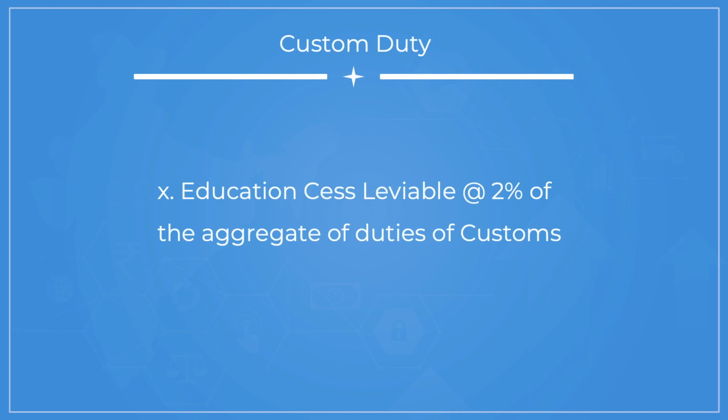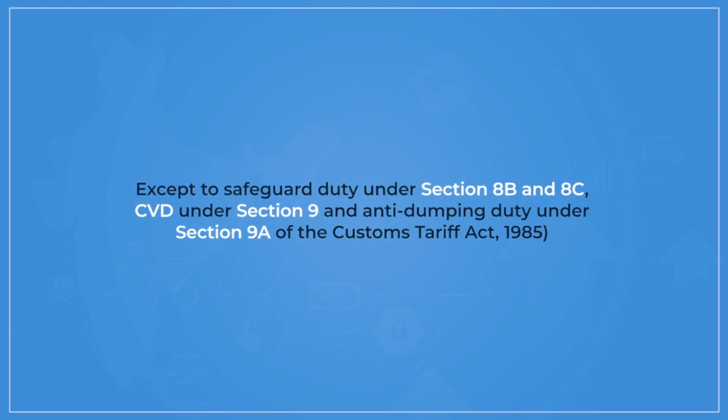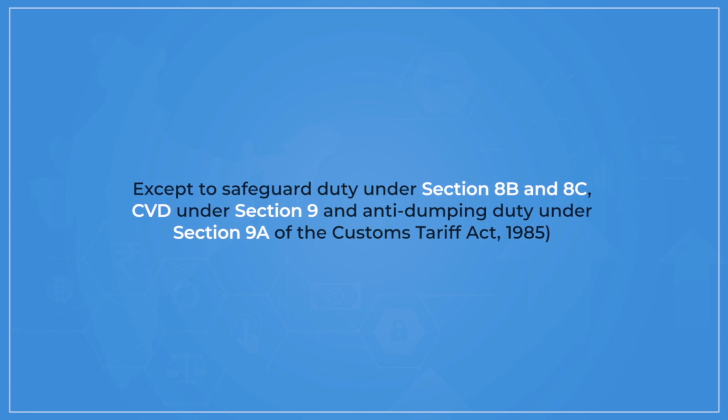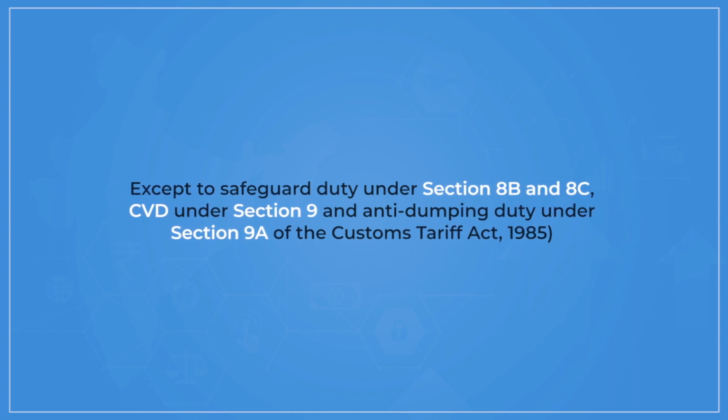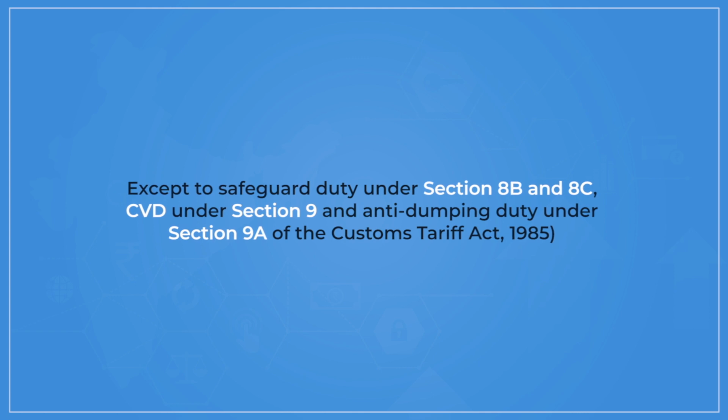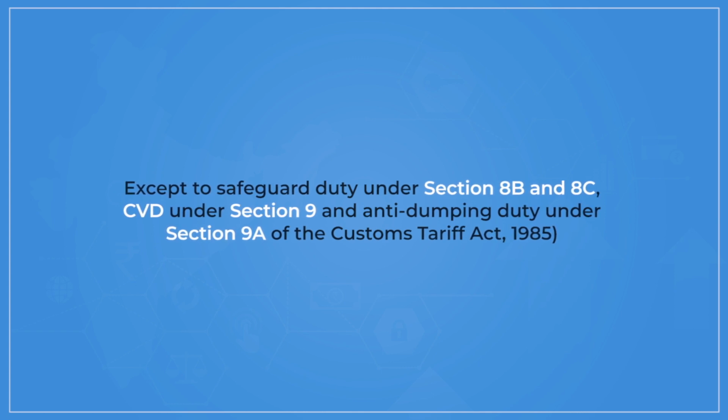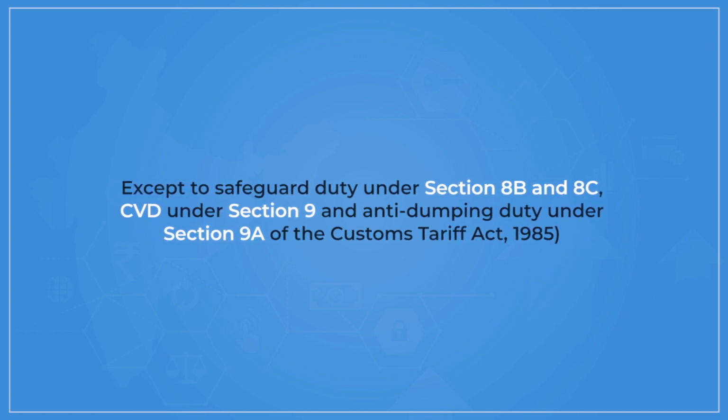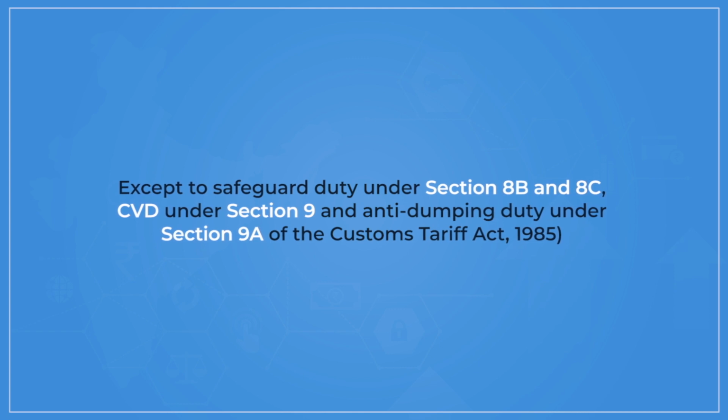Education cess is leviable at 2% of the aggregate of duties of customs, except safeguard duty under section 8B and 8C, CVD under section 9 and anti-dumping duty under section 9A of the Customs Tariff Act. Items attracting customs duty at bond rates under international commitments are exempted from this cess.